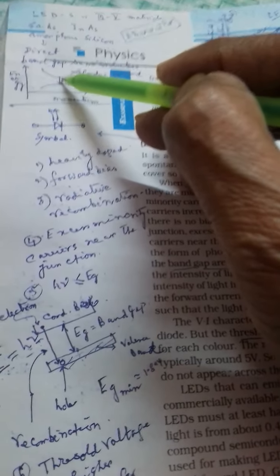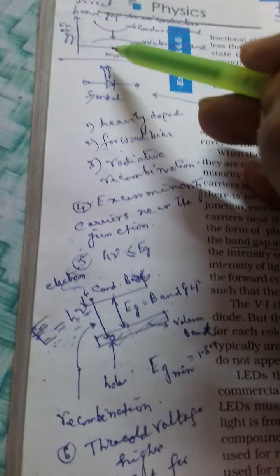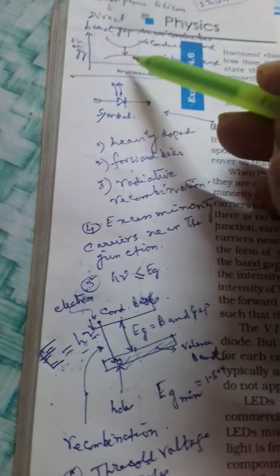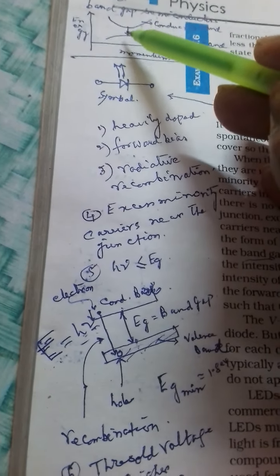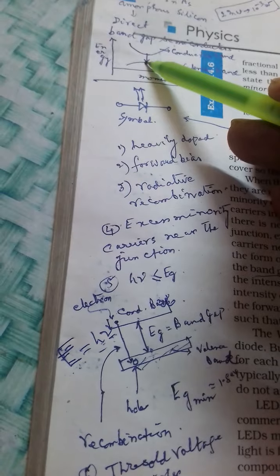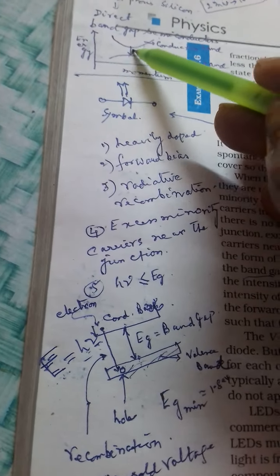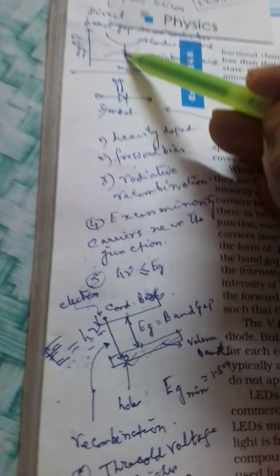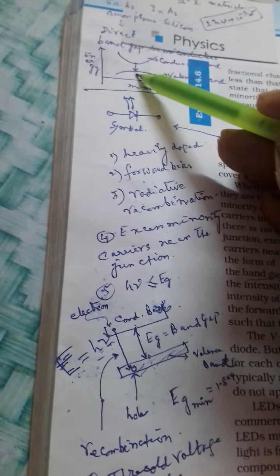If you plot momentum versus energy of the electrons, this will be the graph, and you will see that an electron from here can directly fall to here, and recombination occurs. When this gap is greater than 1.8 electron volt or 3 electron volt, then emission of visible light occurs.